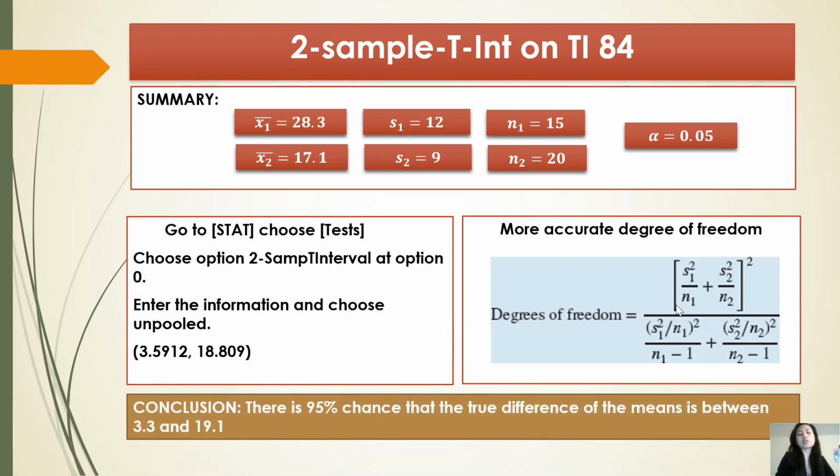And the conclusion is there is 95% chance that the true difference of the means is between 3.3 and 19.1. This is how we use the 2-sample t-test and 2-sample t-interval for two sample means, and assume that we're not working with pooled samples because pooled samples are not recommended.